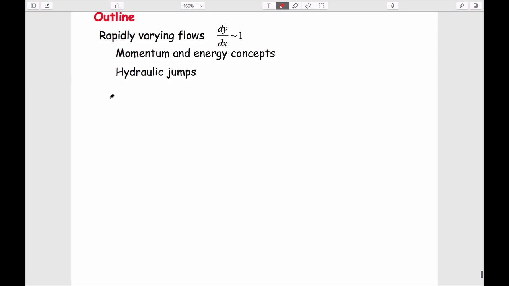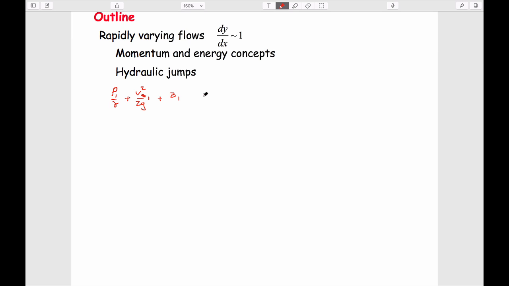And so if we write Bernoulli's equation as upstream pressure, this is just in a different order from how we've written it in the past, V squared over 2g plus z1.